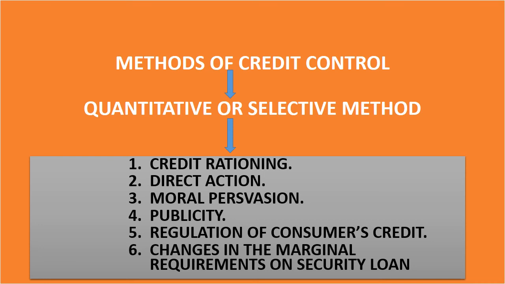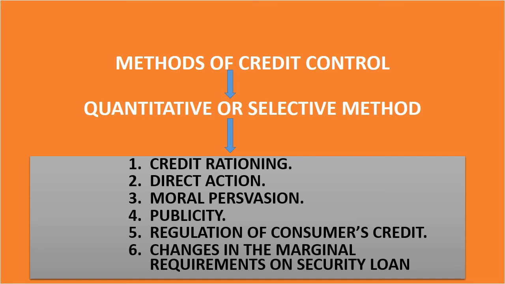Now, the third is moral persuasion. This method is frequently adopted by the central bank to exercise control over the commercial banks. Under this method, the central bank gives advice, requests and persuasion to the commercial banks to cooperate with the central bank in implementing its credit policies.